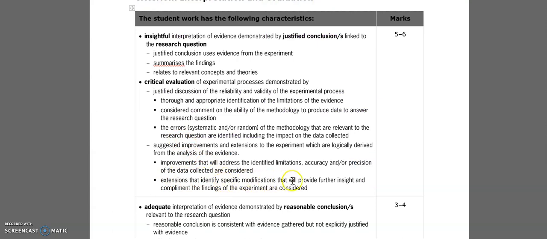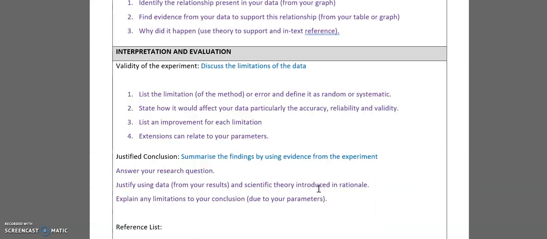Extensions that identify specific modifications that will provide further insight and complement the findings of the experiment are considered. So my suggestion would actually be make your extensions related to your parameters. So if you tested a range of temperatures between, let's say, 20 degrees and 40 degrees, perhaps you could extend that range.